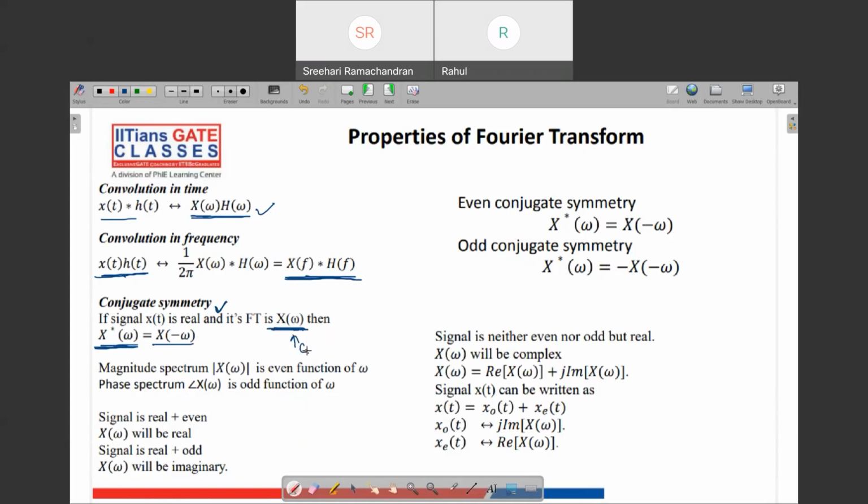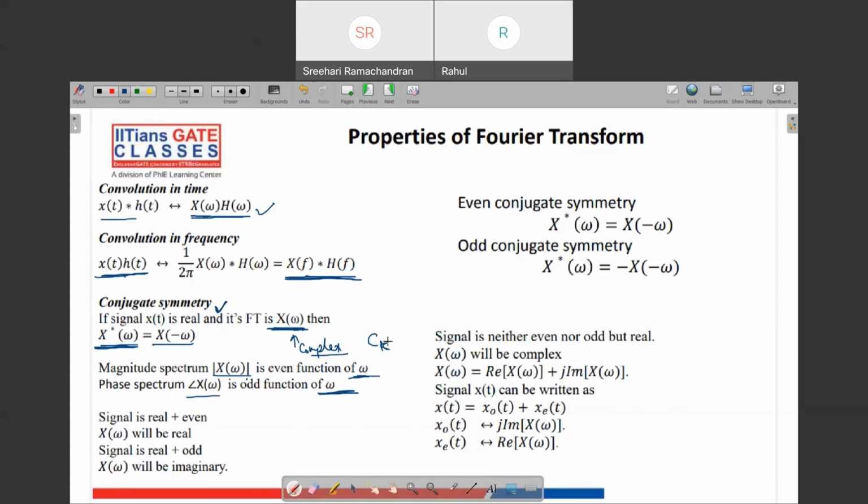We have seen that this can be a complex number, which means that it will have a real part and an imaginary part. And since it has a real part and an imaginary part, we can calculate its magnitude spectrum and its phase spectrum. Just like in the Fourier series, where we saw that the magnitude spectrum is an even function of k, here it will be an even function of omega, and the phase spectrum will be an odd function of omega. We can derive it in the same way that we derived it for the c k.